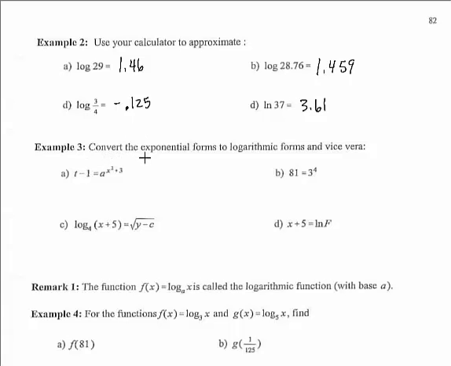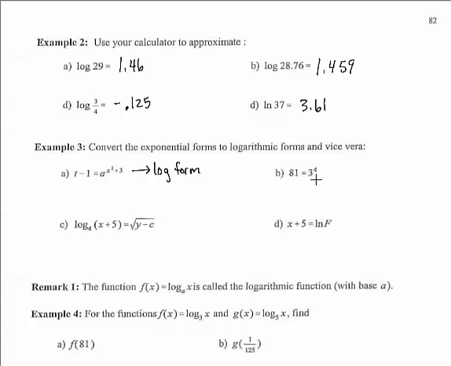Example 3 reads, convert the exponential forms to logarithmic forms and vice versa. So if we get an exponential, we go to log. If we get a log form, then we convert to exponential. Okay, so here we have t minus 1, and then we have a base raised to an exponent. So we want to convert to log form.